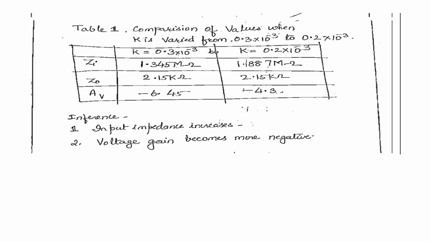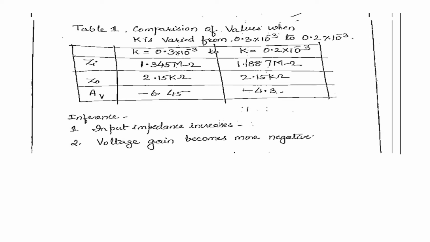Let us compare that. So comparison table, when K is varied from 0.3 to 0.2, input impedance was 1.345 mega ohms when K is equal to 0.3 into 10 raised to minus 3, and when K is equal to 0.2 into 10 raised to minus 3 it became higher, that is 1.88.